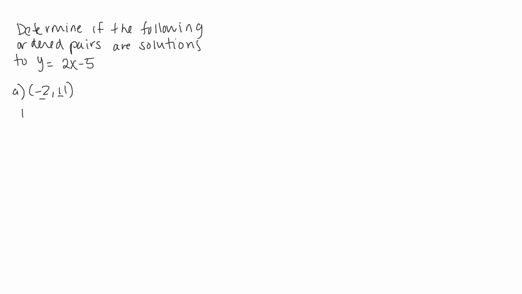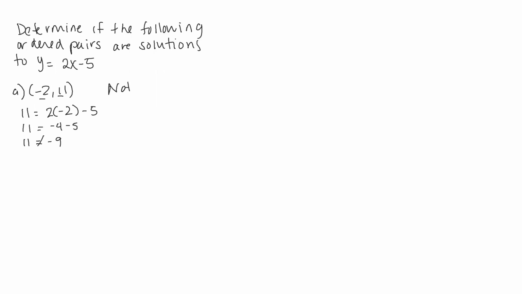So I get 11 equals 2 times -2 minus 5, all right? So 11 equals, well, 2 times -2 is -4. -4 minus 5 is -9. Does 11 equal -9? No. So this is not a solution.